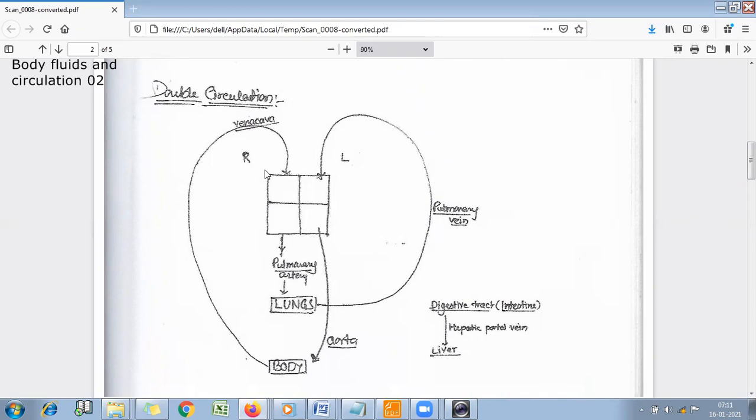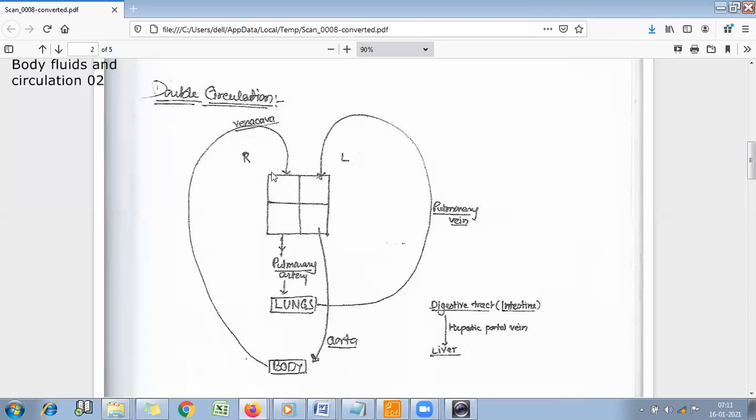We need to remember this point, we need to remember the path. So how will we remember it? First we will make a box-like structure. All the boxes will represent the atrium and ventricle.